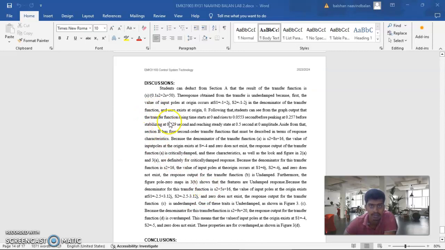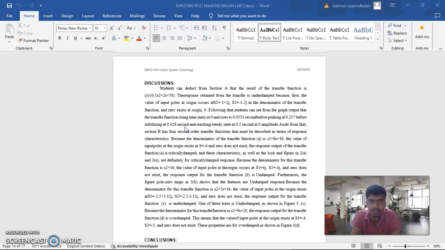For discussion, what I learned from here is that students can see from section A the results of the transfer functions and the response obtained from the transfer function. The transfer function is underdamped because of the input poles at the origin.